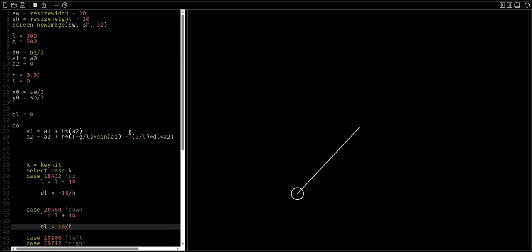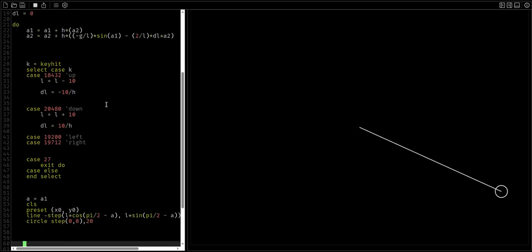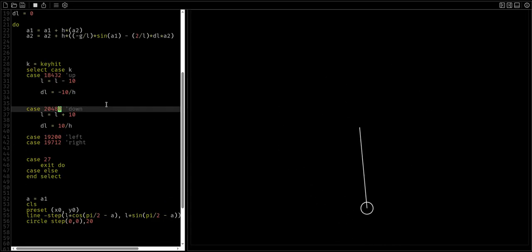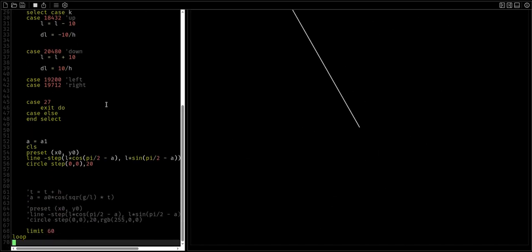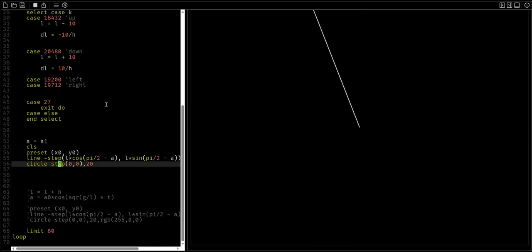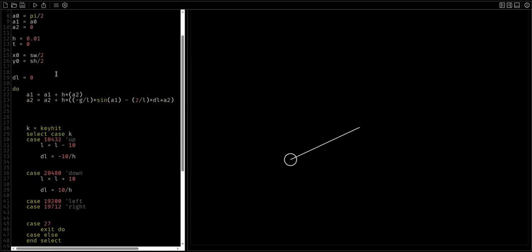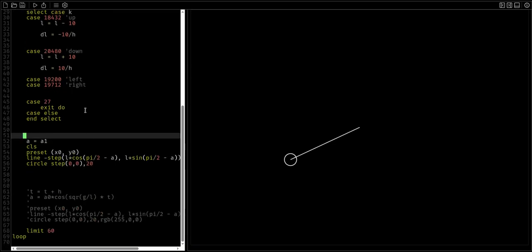So now, let's just see what happens. So if I increase the length, I should have this very slowly. Oh, okay.